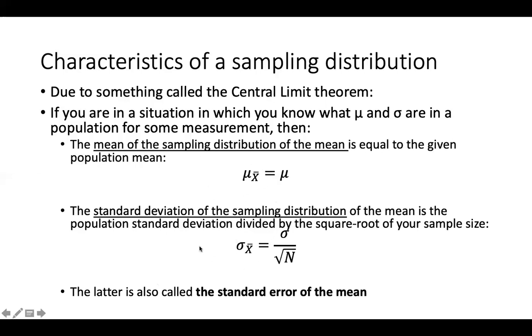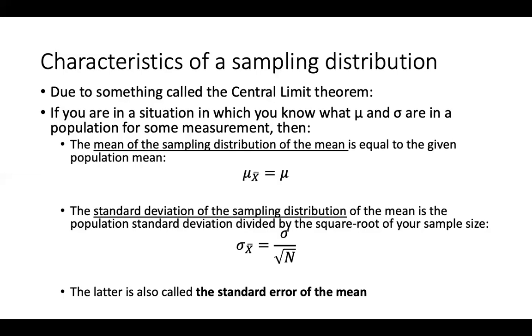And that number gets smaller and smaller as our sample size gets bigger, which makes sense because as our sample size gets bigger, we're including more and more of the population in our sample. And so one would expect that the error incurred by sampling is smaller because we've got more of the population, right?